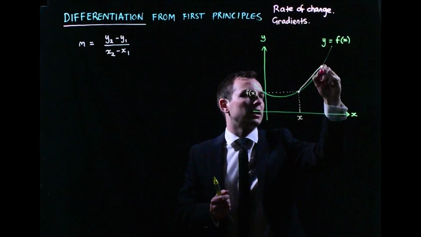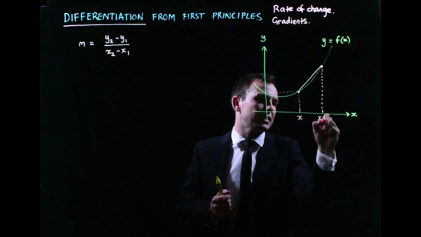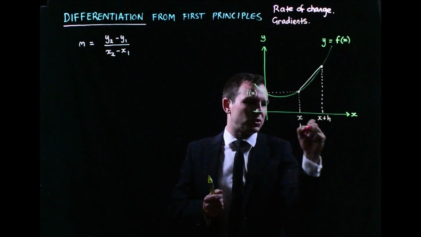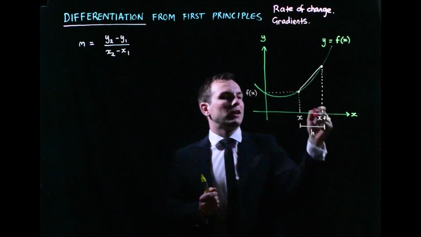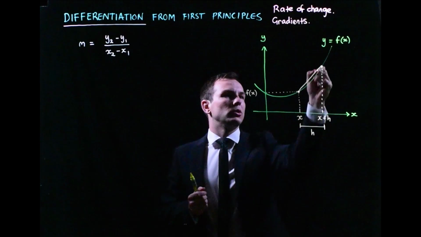And this point's going to be represented by the x value of x plus h, which means that this distance between here and here must be h. And if we have f of x plus h, that represents the y value here.